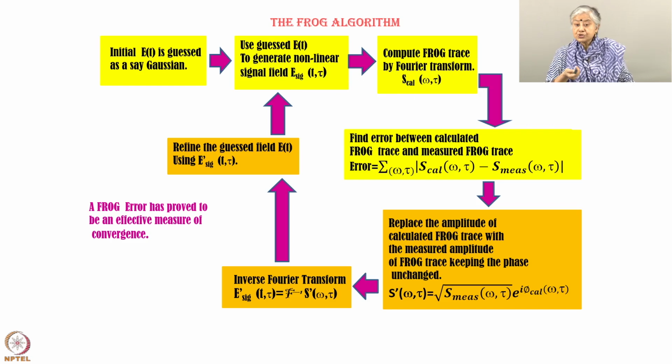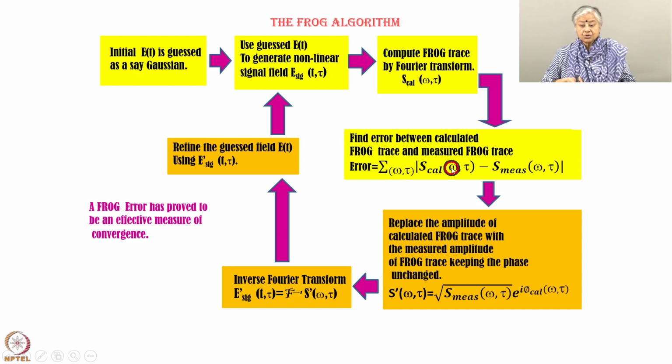Now, you have two spectrograms, the calculated one and the measured one. You find the error between these two, the FROG trace and the measured spectrogram. The error is given by a sum over all those points, over all the frequencies and all the delay times and the intensities that you have got there.